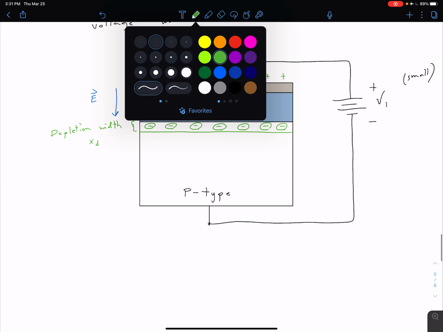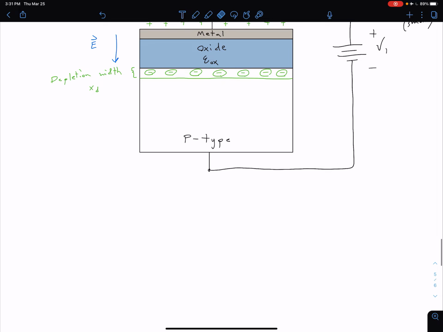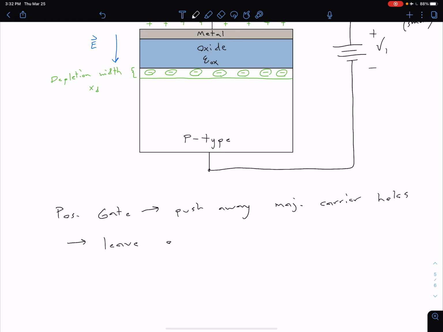Again, just to put all of that into words, or at least the highlights, we have a positive gate charge. So positive gate, and that's going to push away our majority carrier holes. When we do that, we leave behind those fixed ionized acceptor impurities, our charged acceptor impurities.